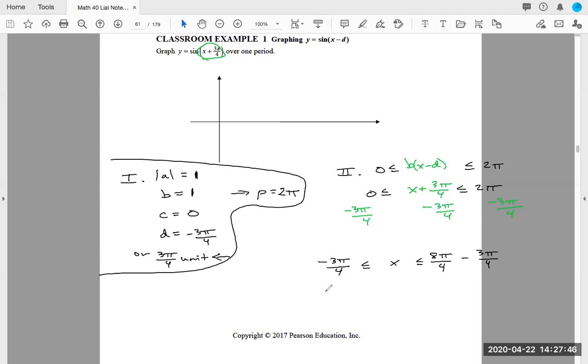And then on the right side, we get 5 pi over 4. So our n values will be negative 3 pi over 4 and 5 pi over 4. So let me do it over here, x.